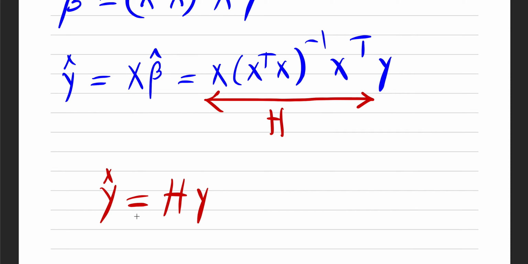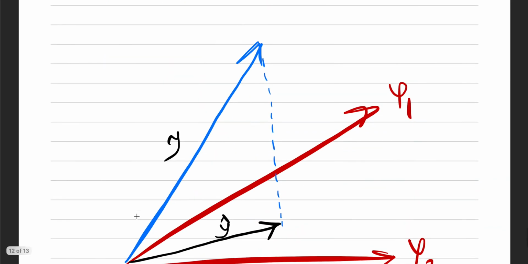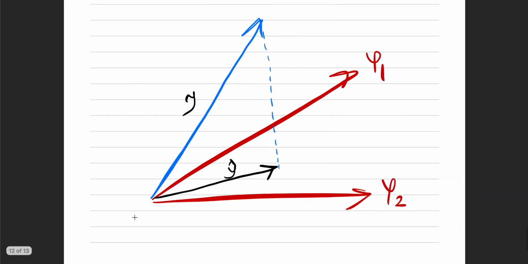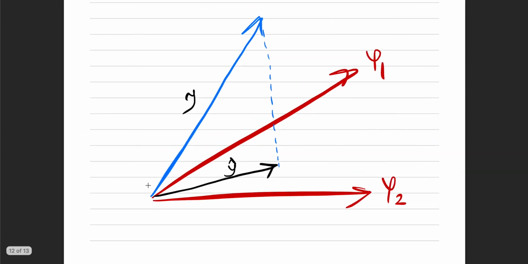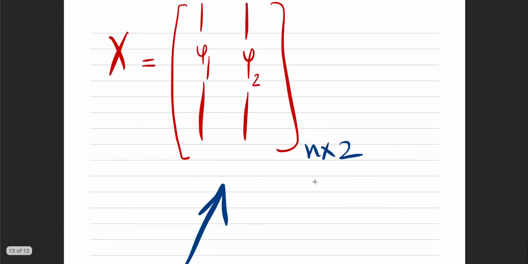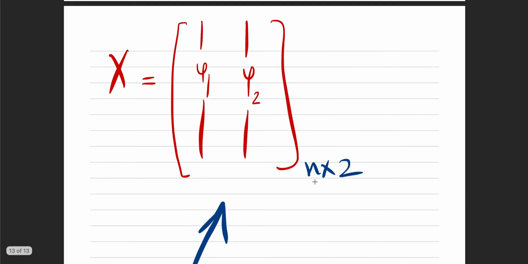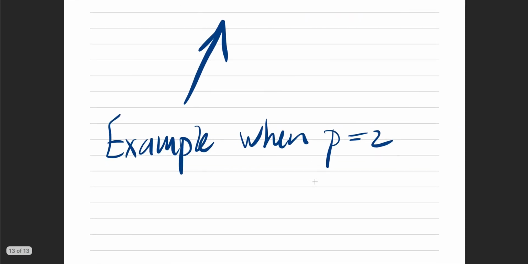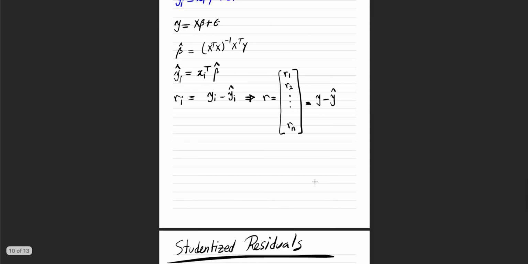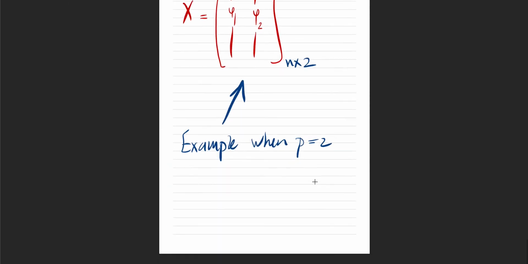It can be shown that the hat matrix geometrically is a projection. So if this is Y, and these are the two columns of X. Imagine X has two columns only. I chose 2 as an example because that's the only thing we can plot.